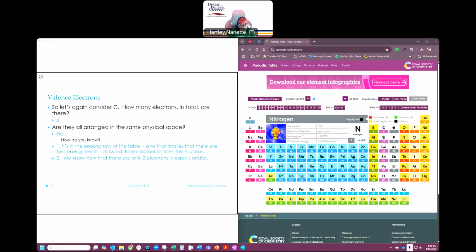So he's got 3 different places where those electrons live: the 1s, the 2s, and the 2p. 2 electrons in the 1s, 2 electrons in 2s, and 2 electrons in the 2p.